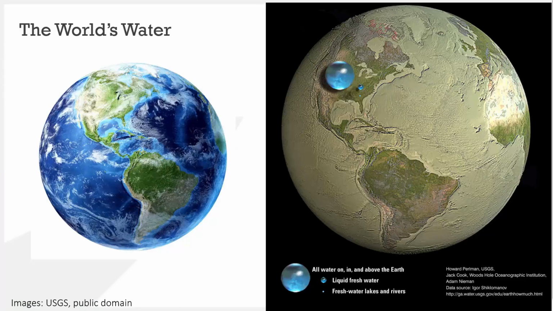Earth is called the blue marble, and water makes up 70% of Earth's surface. But this only represents a small volume compared to the entire size of Earth. If you were to gather up all of the water on Earth, including the water in the oceans, ice caps, lakes, rivers, groundwater, atmosphere, and also in plants and in your own body, it would be represented by this largest blue sphere in the right-hand image.